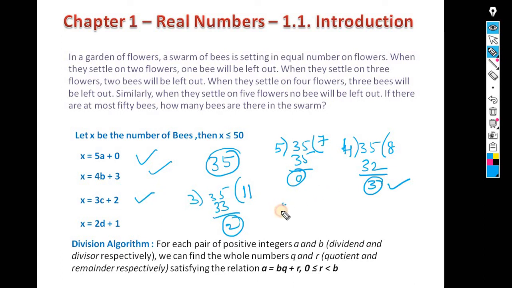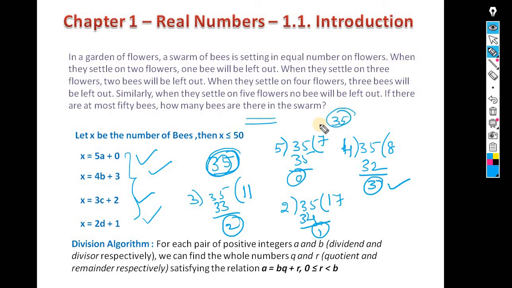And the last one, if I divide 35 with 2, 17 times 34 and the remainder will be 1. So now if you see, all these conditions got satisfied when I consider the value as 35. That means your total number of bees in the swarm are 35.